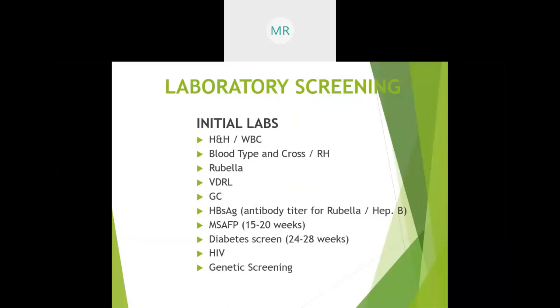One thing I wanted to mention with the Rh: find out if mom is Rh negative or not, because she will receive RhoGAM at 28 weeks and after delivery if she is Rh negative. She has up to 72 hours after she delivers to receive the RhoGAM.